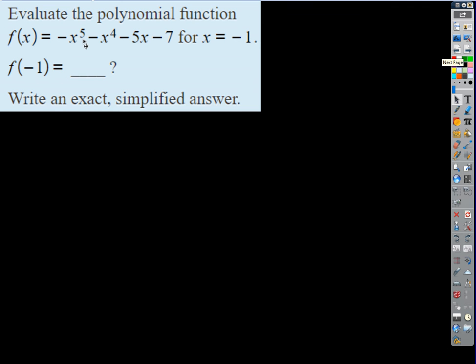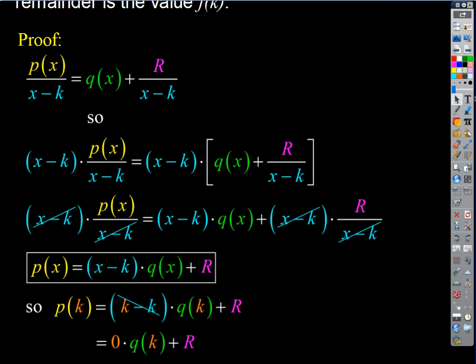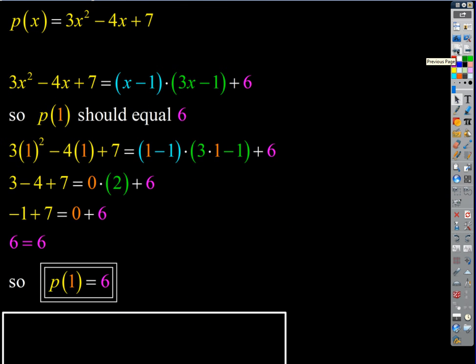You've got to compute and then add up a string of really big numbers. So yeah, you can do that, but we can also take advantage of the fact that if I plug 1 into this function, what I'm going to get back at the end is whatever I got in the remainder box when I divided it out synthetically, okay?